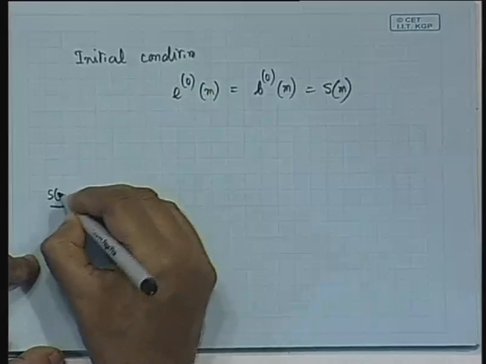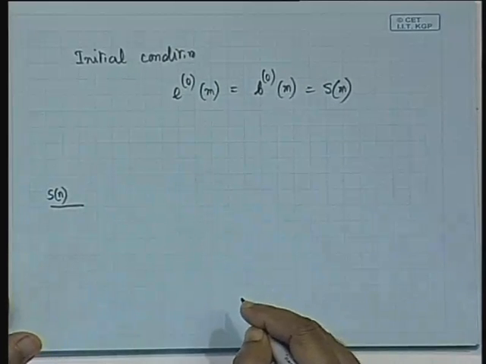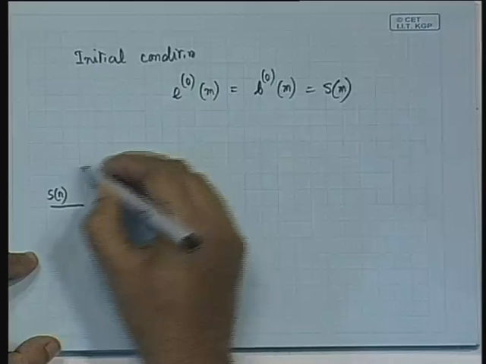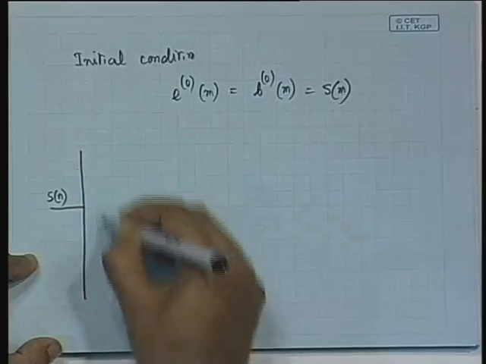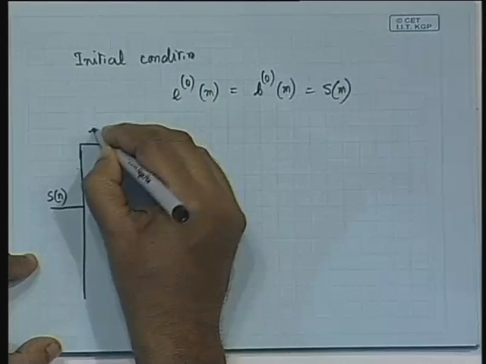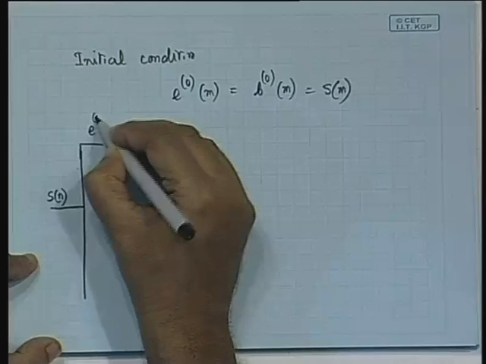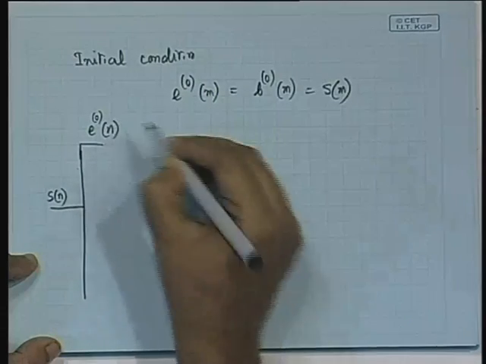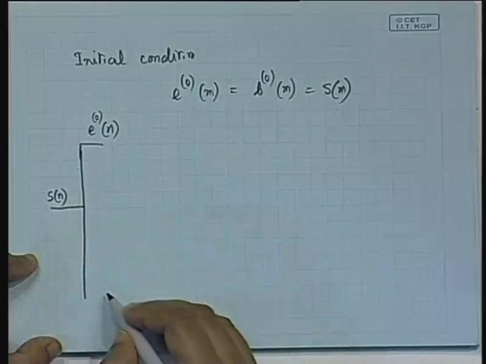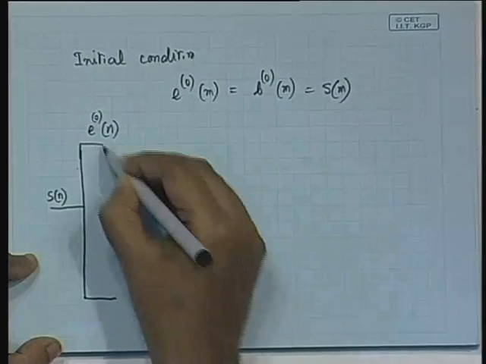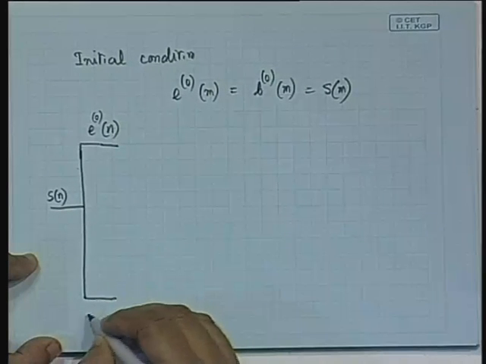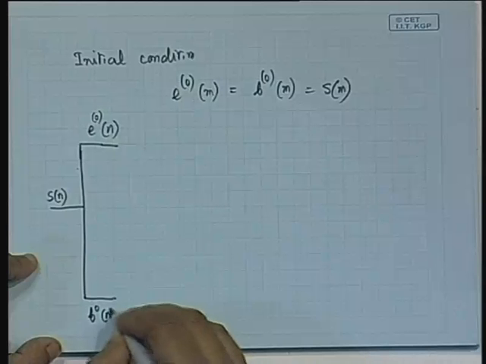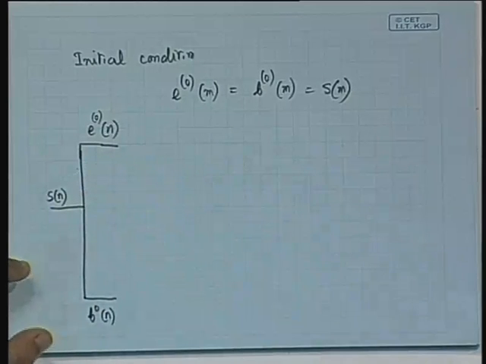You get S of n as the input sample, or rather, telling it in the opposite way, E0 of n is same as that of S of n, and similarly B0 of n is going to be same as that of S of n.